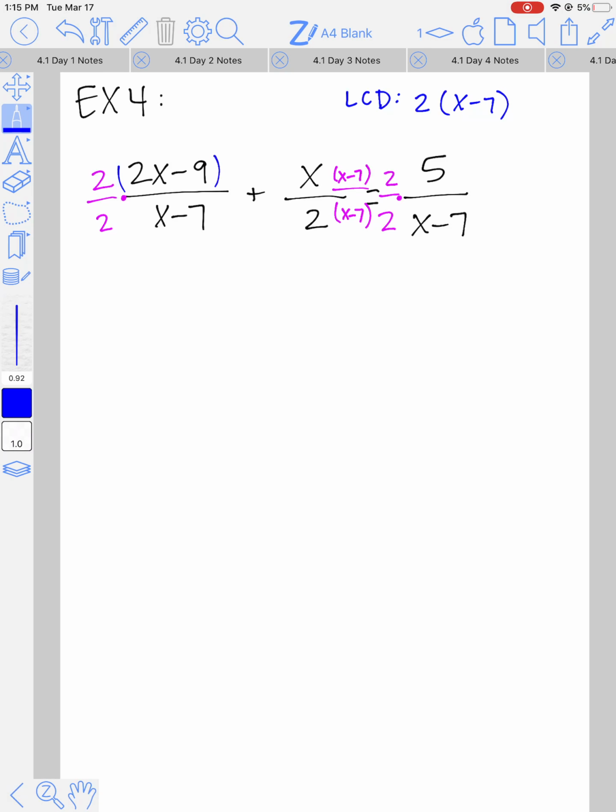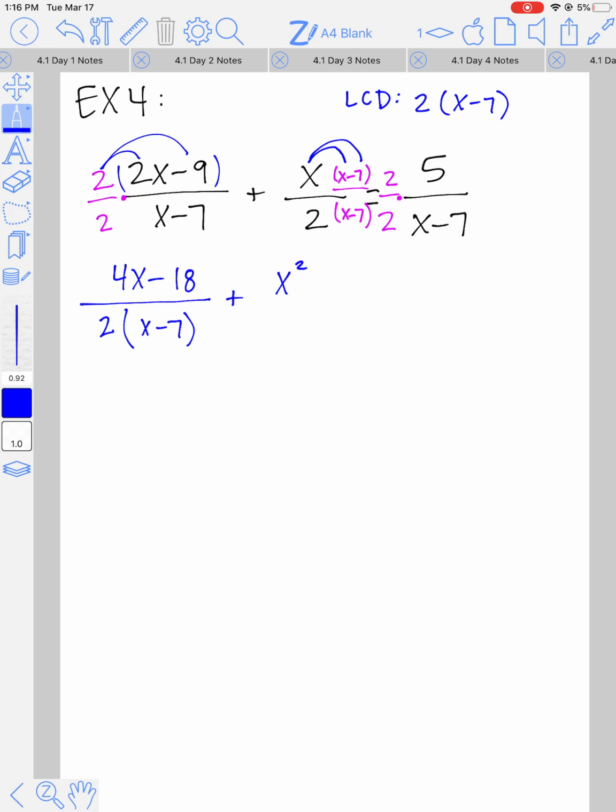Okay, so on the left side, we're going to distribute that 2 to both the 2x and the negative 9. So we'll have 4x minus 18. On the bottom, I'm just going to leave it factored as 2 times x minus 7. Okay, in the middle, I'm going to distribute this x to both the x and the minus 7 on the inside of the parentheses.